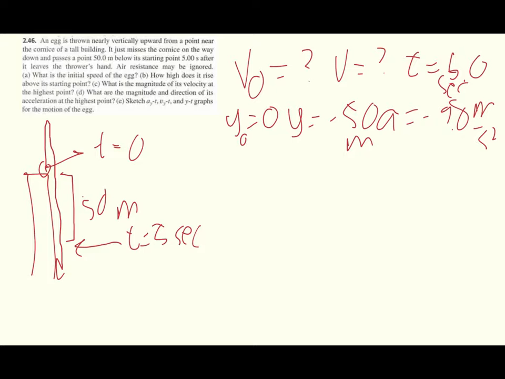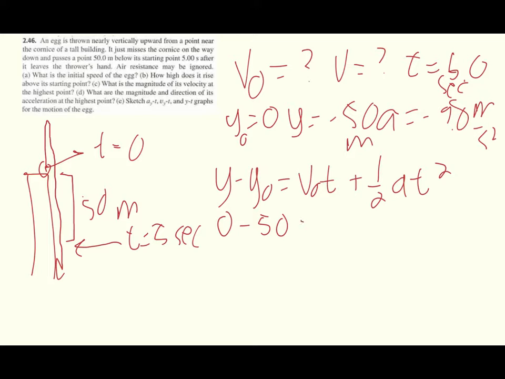It seems like my best candidate is y minus y naught equals v naught t plus one half a t squared. So I'm going to have 0 minus 50 equals v naught times 5 plus one half times negative 9.8 times 5 squared.